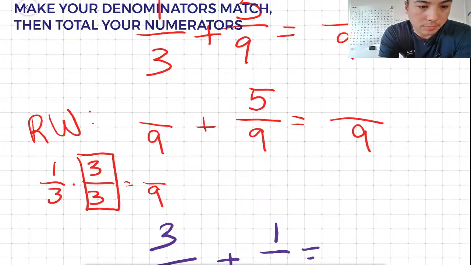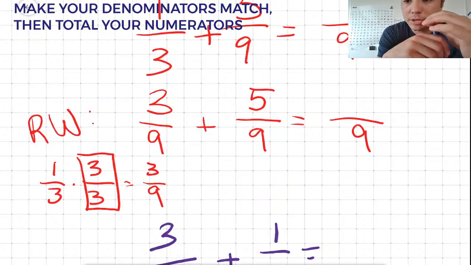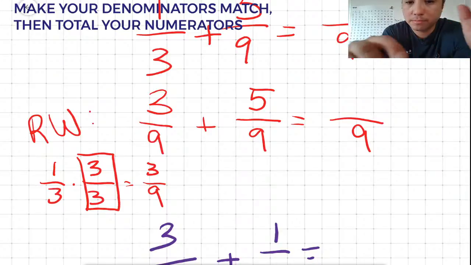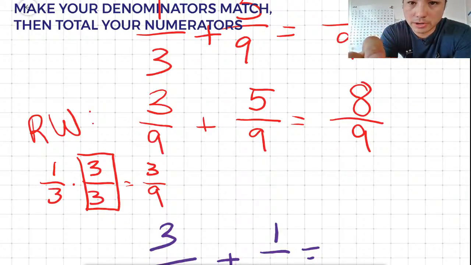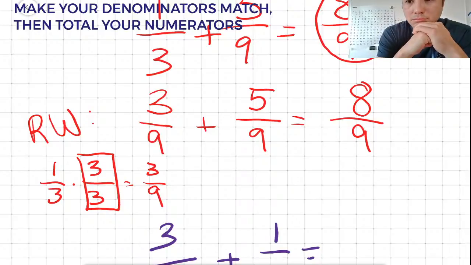And 1 times 3 is 3. So then we have 3/9 plus 5/9 equals some kind of 9ths. 3 plus 5, 8. And you are correct that you cannot reduce that. So 8/9 is going to be our final answer. So 1/3 plus 5/9 equals 8/9.